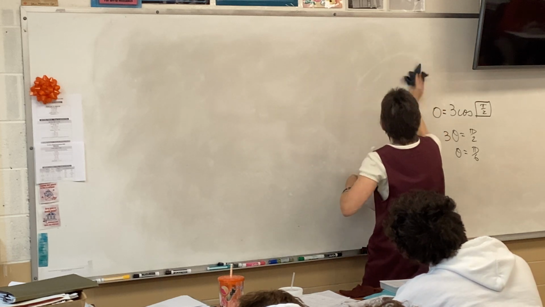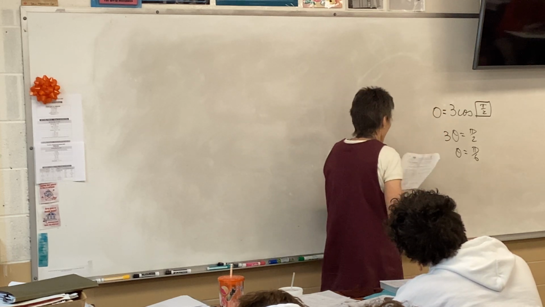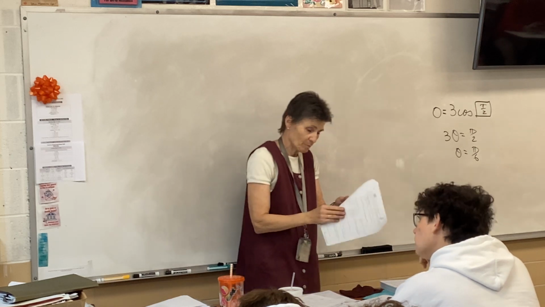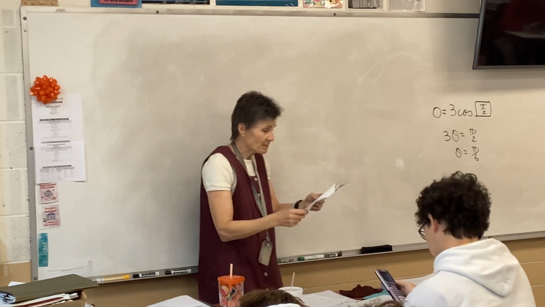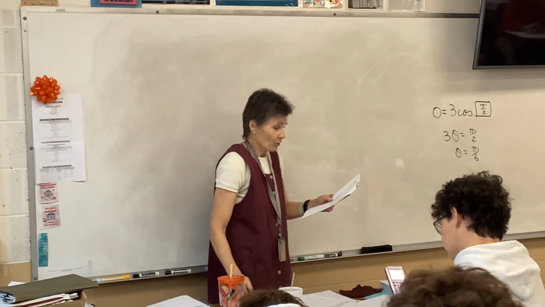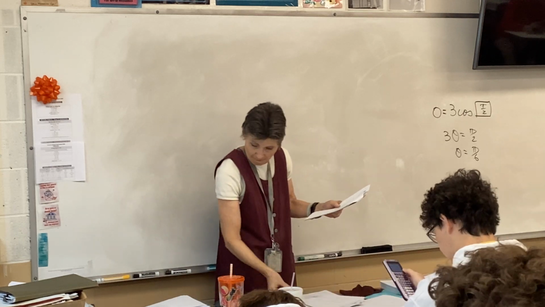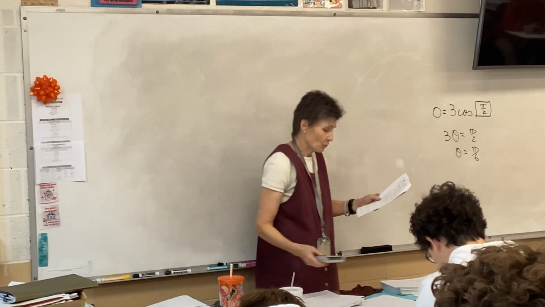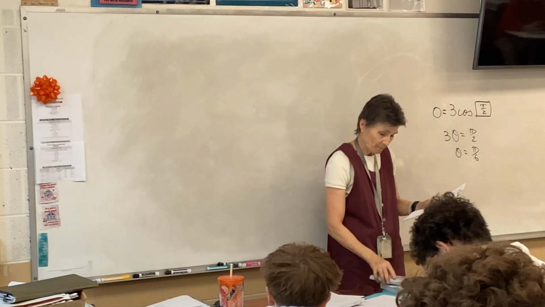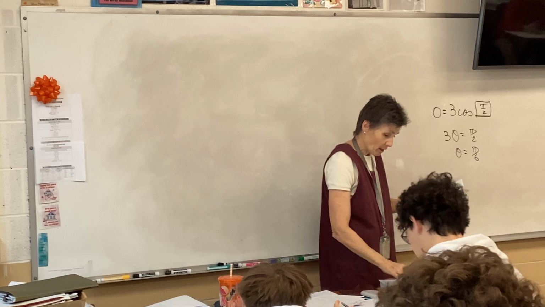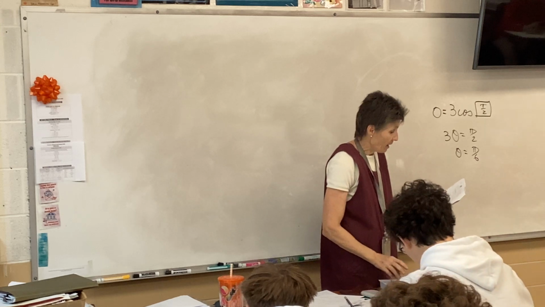Oh yes, we're going to be graphing in polar. So on the back of that page that we just did, on the back of page 7, we're going to graph the two equations in number 2. So make sure you're in polar mode. I can't remember how our window was set.